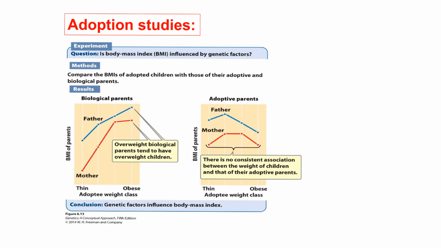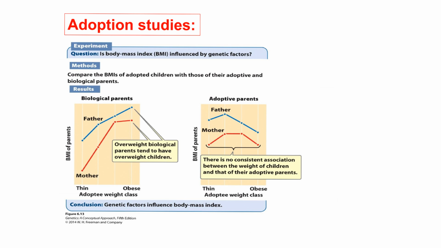If you have an adopted child, the child shares approximately 50% of the genes with each of the biological parents. However, he or she does not share environment, while the child does not share genes with adoptive parents, but shares 100% of the environment with adoptive parents.